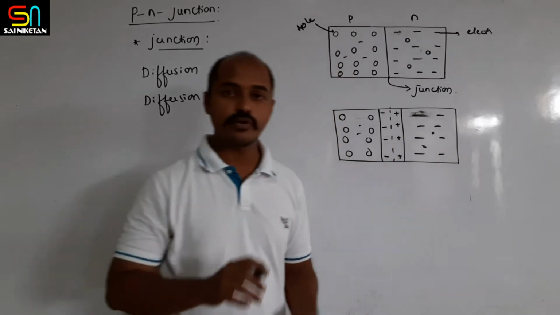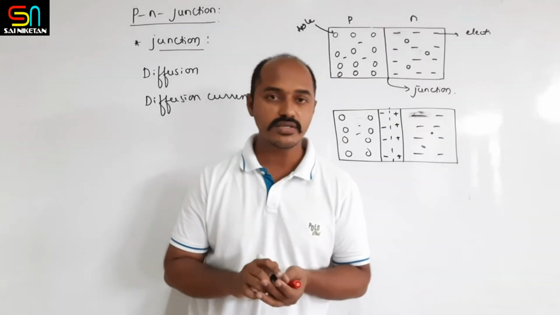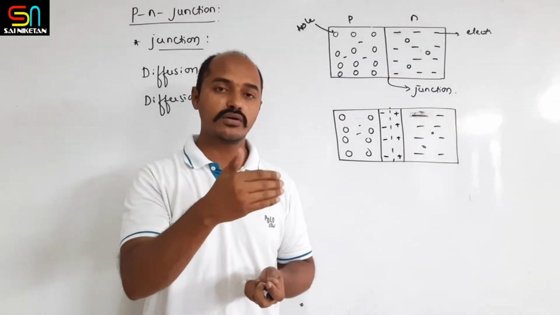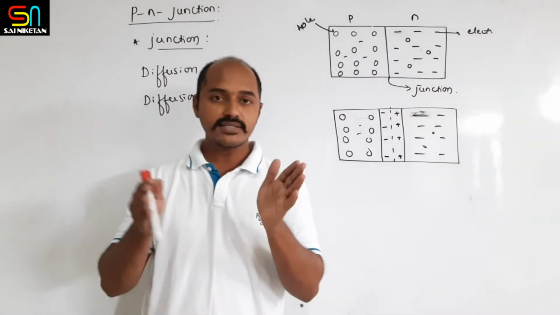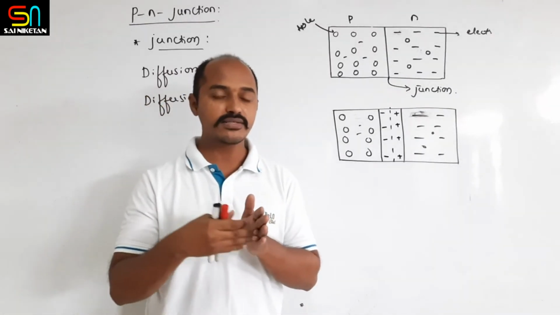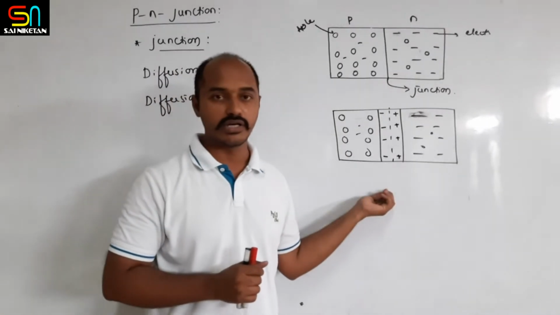This diffusion process is initially very fast, and as time passes, it goes slowly. So initially, as the p-n junction forms, the diffusion current is more. As time passes, the diffusion current becomes lesser and lesser because of the concentration gradient.